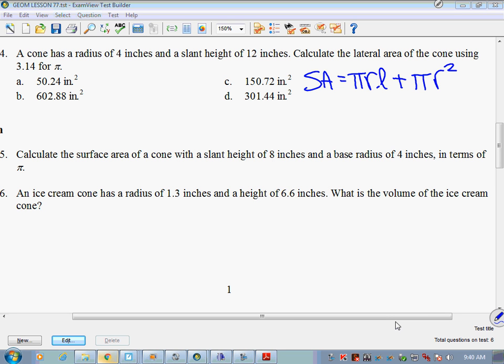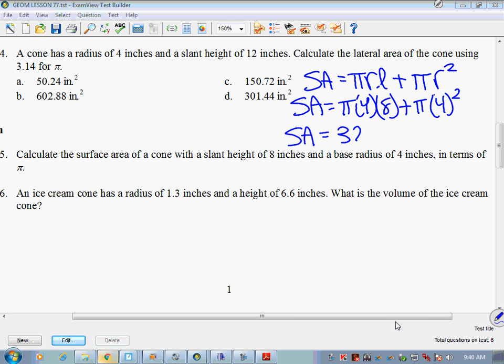Okay, so let's plug in. We're solving in terms of pi, so we'll leave that the way that it is. We're looking at question number 5. So what are we using for our radius? 4. What is your slant height? 8. Okay, what's 4 times 8? 32.